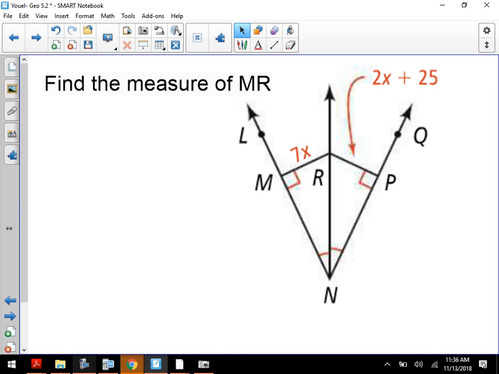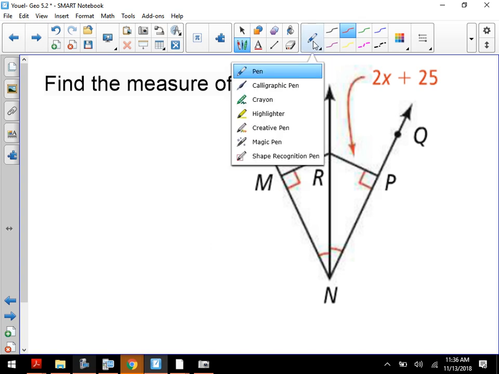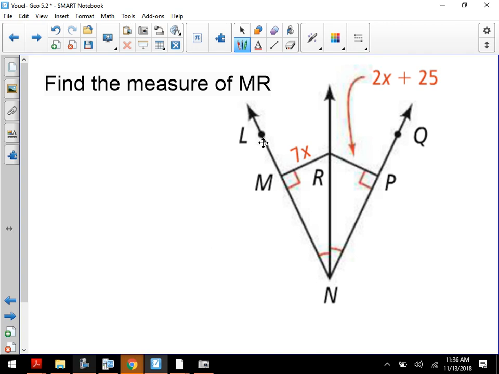Why do you say it has? And more specifically, I'm talking about the two angles.